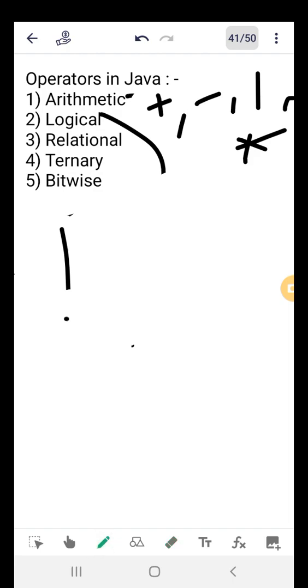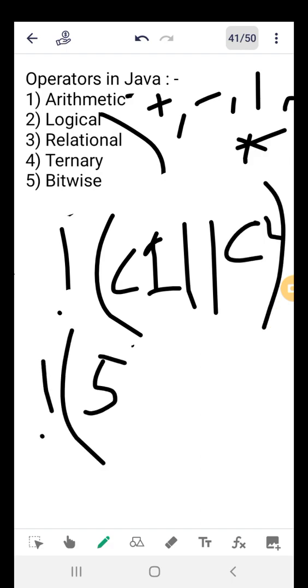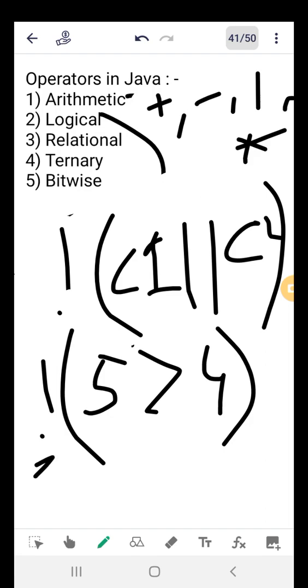If I write not, then two conditions are there. For example, if it is given 5 is greater than 4, yes, 5 is greater than 4, but not is there, so it will be false.